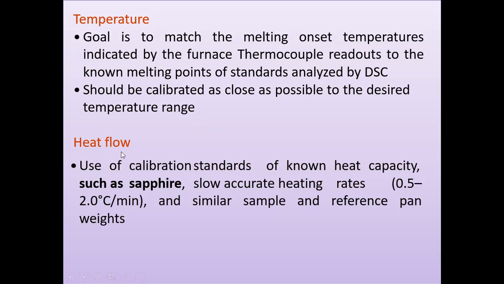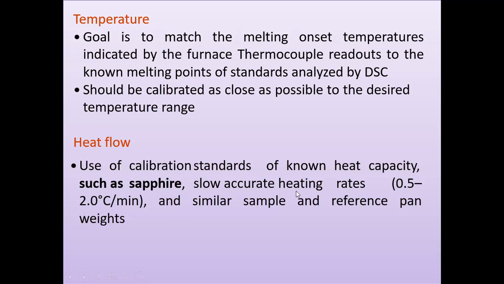And coming to the heat flow, how much heat you are flowing should also be calibrated. Generally, we will pass the heat capacity, so that can be calibrated. For calibration, we will use a material called sapphire. Sapphire is one of the materials used in the calibration to check whether you are supplying heat flow correctly or not.